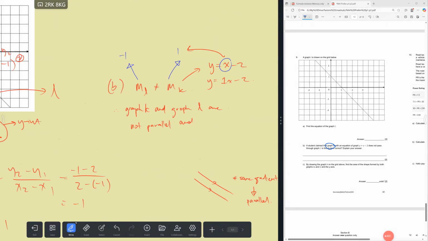And graph K, just using the student's statement, graph K will pass through graph L. And is the student correct in the answer? Therefore, the student is wrong.